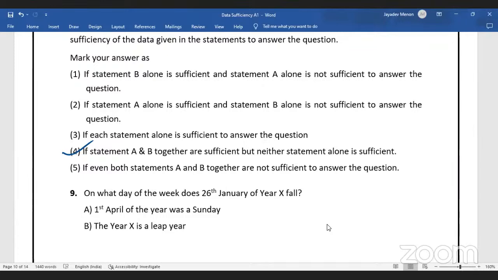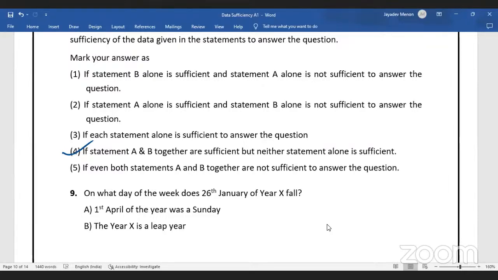Statement A says 1st April of the year was a Sunday. But by using that statement alone, it is not possible to answer the question because we don't know about February. Maybe February will be having 28 days or it may be having 29 days. So based on that, if we are finding 26th January, the day will be different.